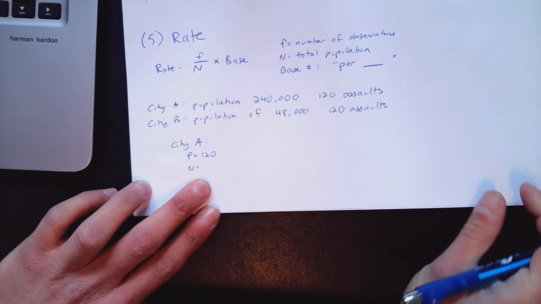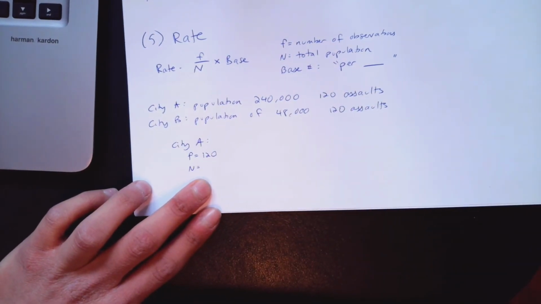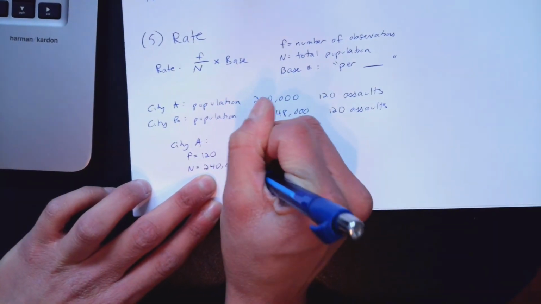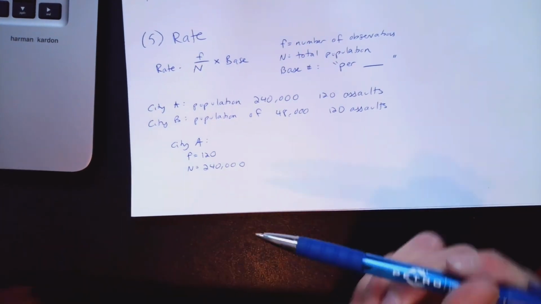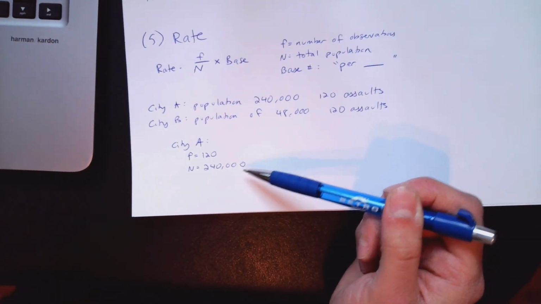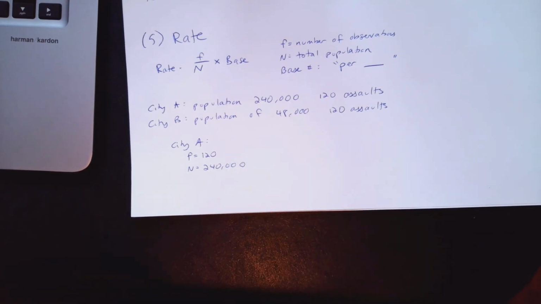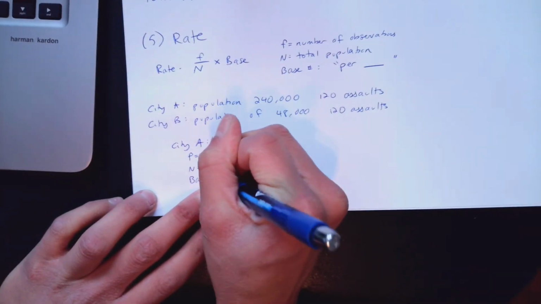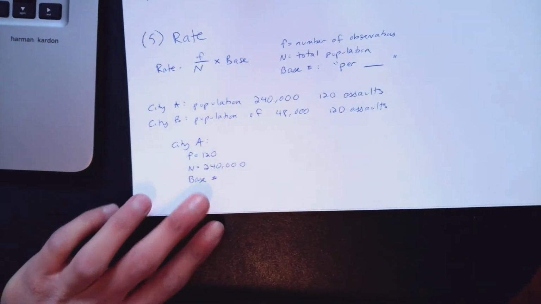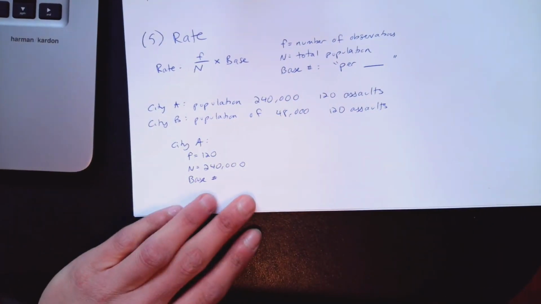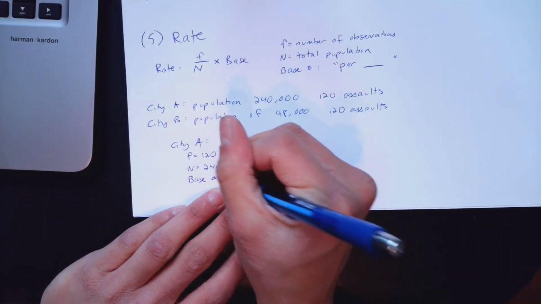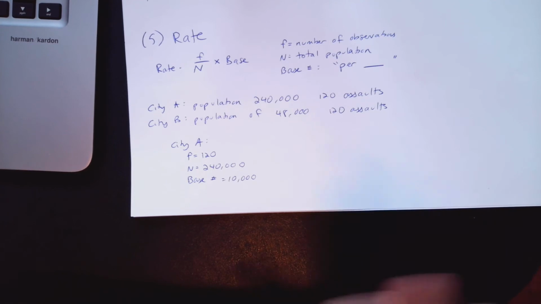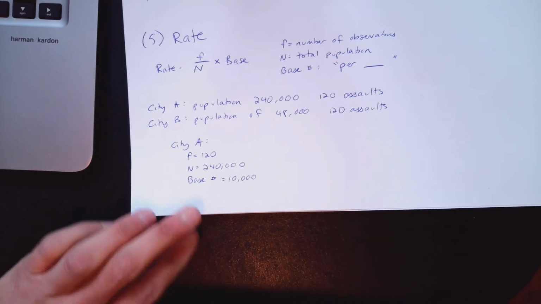N is going to be our total number here, which is our population. So of the total number of people who live in the city, 240,000, there were 120 assaults observed. And our base number, which again is just chosen by whoever it is making the rate, is going to be 10,000. So it's arbitrarily chosen by me as a base number for calculating this rate.